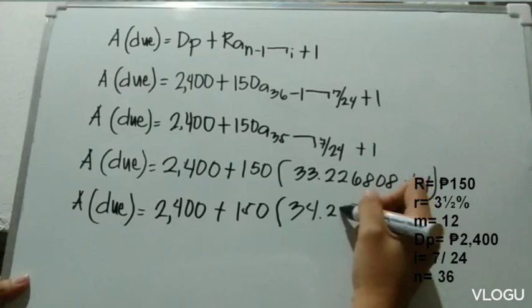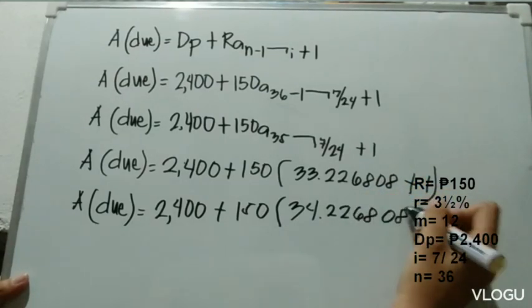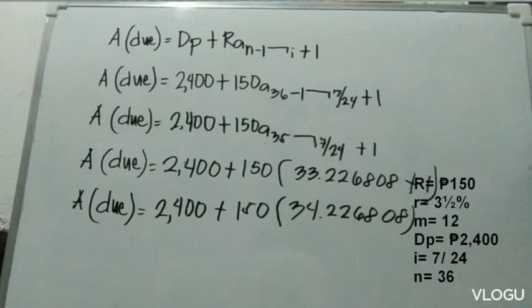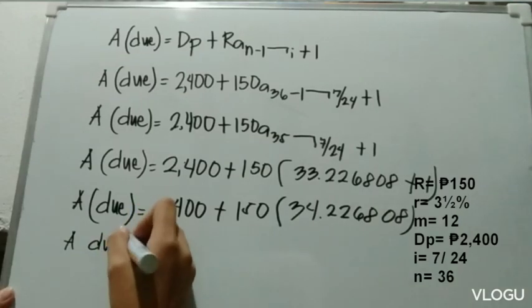And next, we need to add 33.226808 plus 1. So the answer is 34.226808.